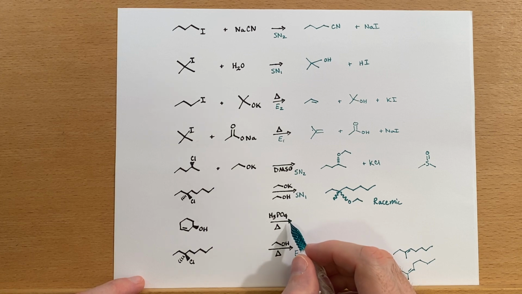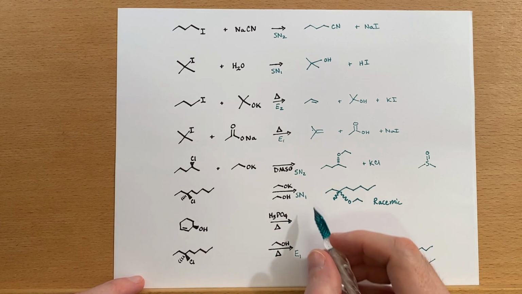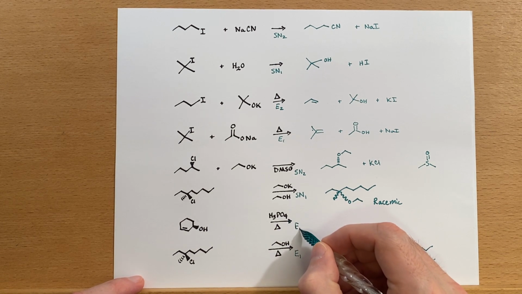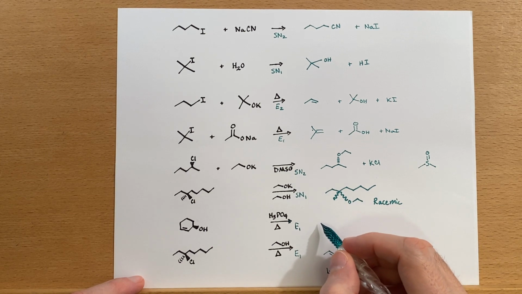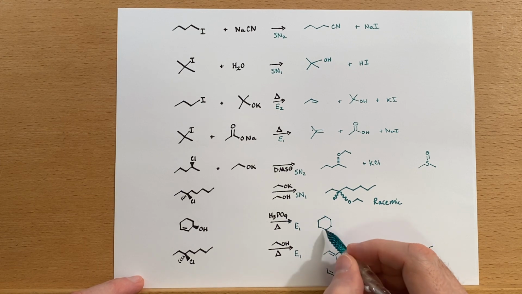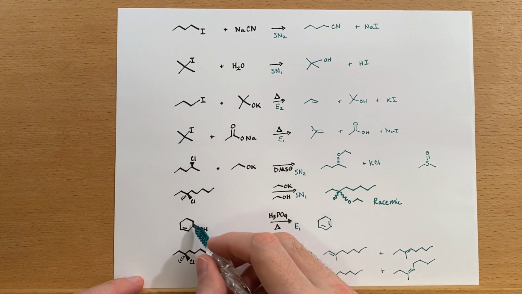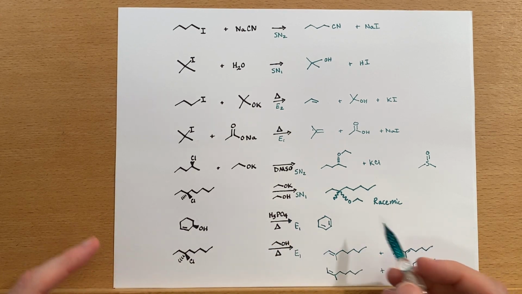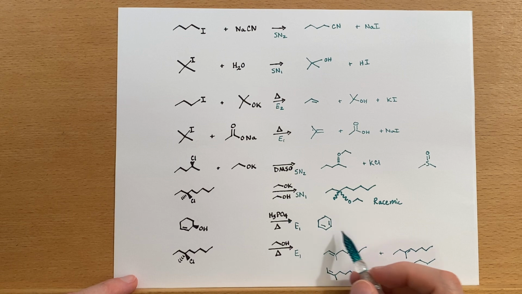So that will be our base. That's going to be also E1. But we won't suffer from as many different options because we have this as a ring. So we can really only deprotonate right here. And since it's in a ring, it can only form the one isomer.